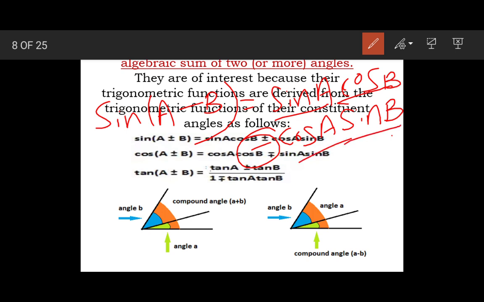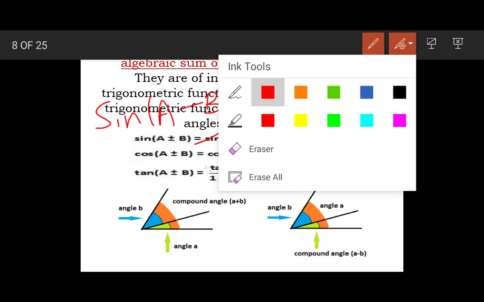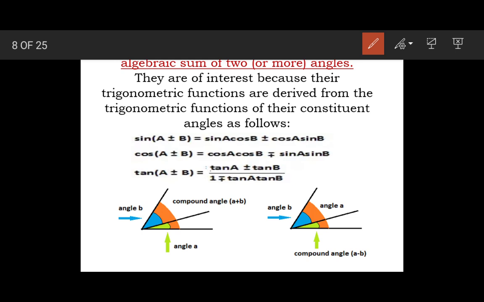This is the formula for the sine ratio. Now let us see the cos ratio. So cos A plus B will be cos A cos B. If it is plus, then the sign will be minus. If it is minus, then the sign will be plus. Alternate sign.